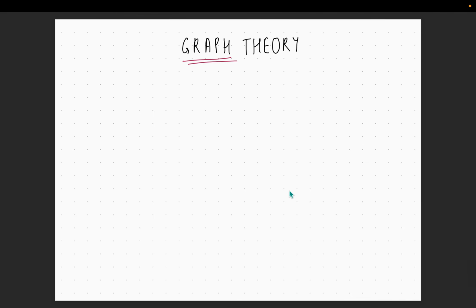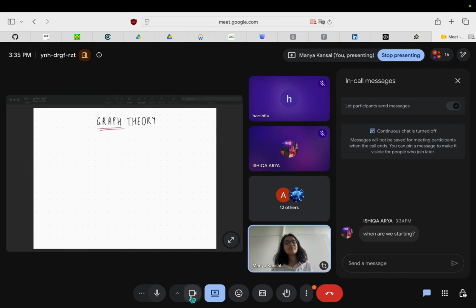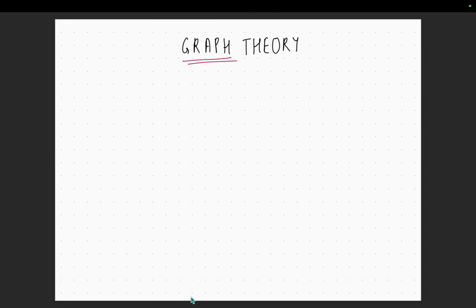Okay, so graph theory. Typically, we represent a graph by writing G of V comma E, where V is the set of vertices and E is the set of edges.